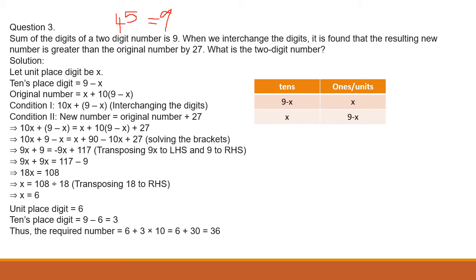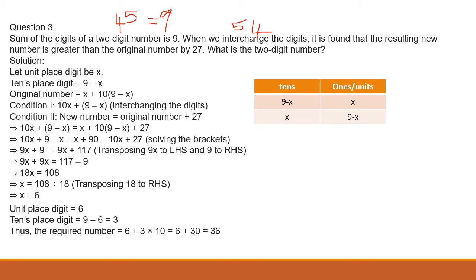When we interchange the digits, interchanging the digits means here 45 is there. By interchanging the digits, we can write it as 54. That means 5 and 4 replace their positions. 5 goes to the 10's place and 4 comes to the 1's place.